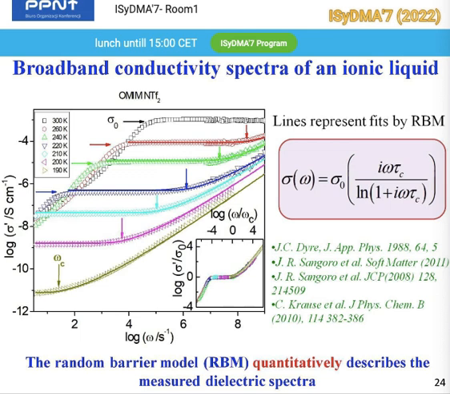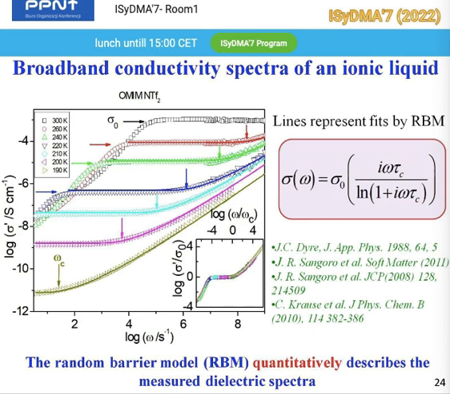Additionally, we observe a special frequency, omega C, where the transition into a power law dependence is observed. If you analyze this in detail, then you can apply the random barrier model, which was especially worked out in the group of Professor Jeppe Dyre in Aarhus. The fits based on his theoretical approach are described here at the corresponding temperatures as these solid lines.